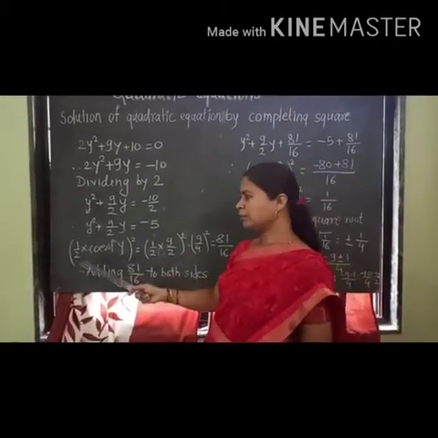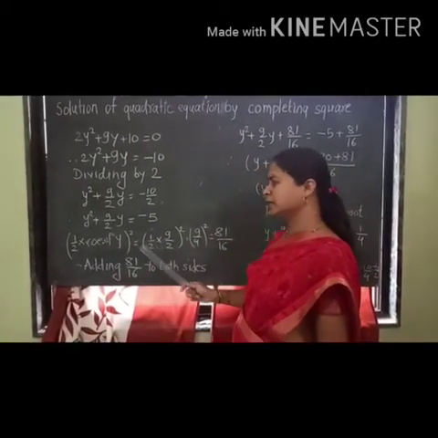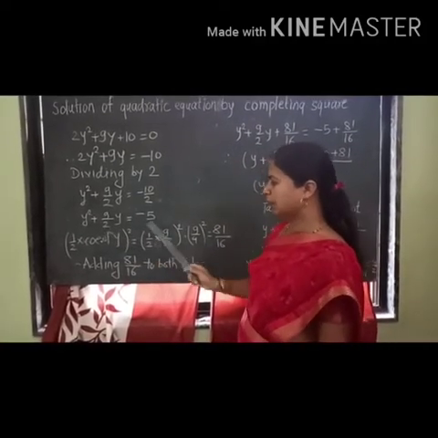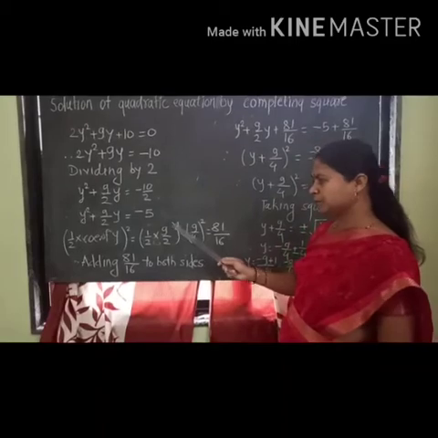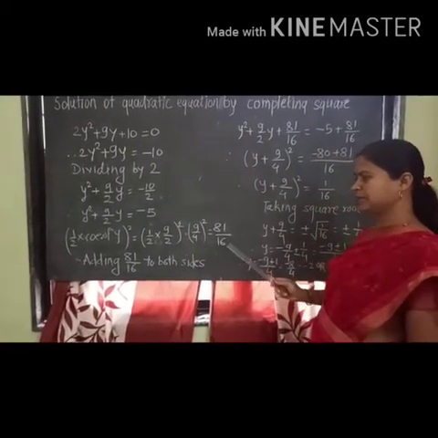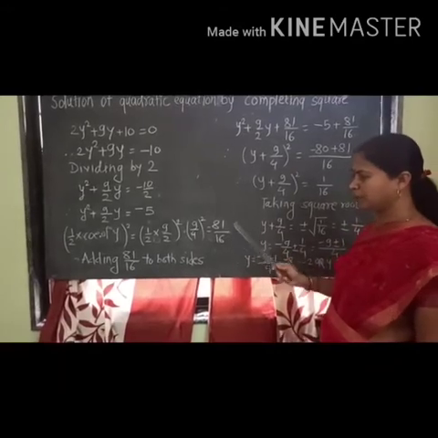Now, 1/2 into the coefficient of y, which is 9 by 2, gives 9 by 4, and its square is 81 upon 16.